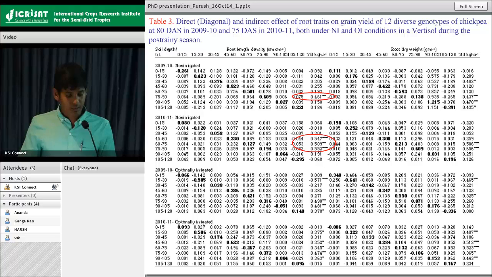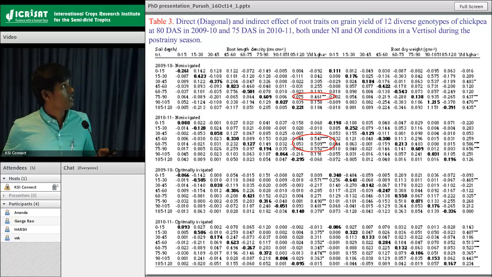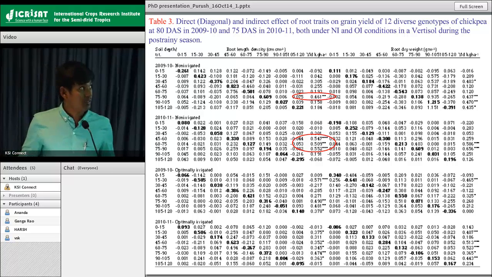The same data was measured at 80 days after sowing. In this case, the early genotypes were approaching maturity. At 75 days after sowing in 2010-11, it was in the mid pod filling stage.